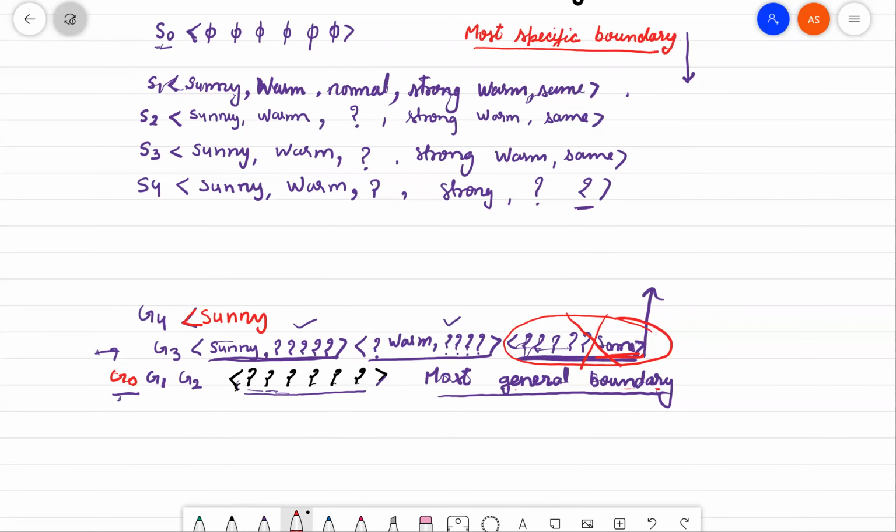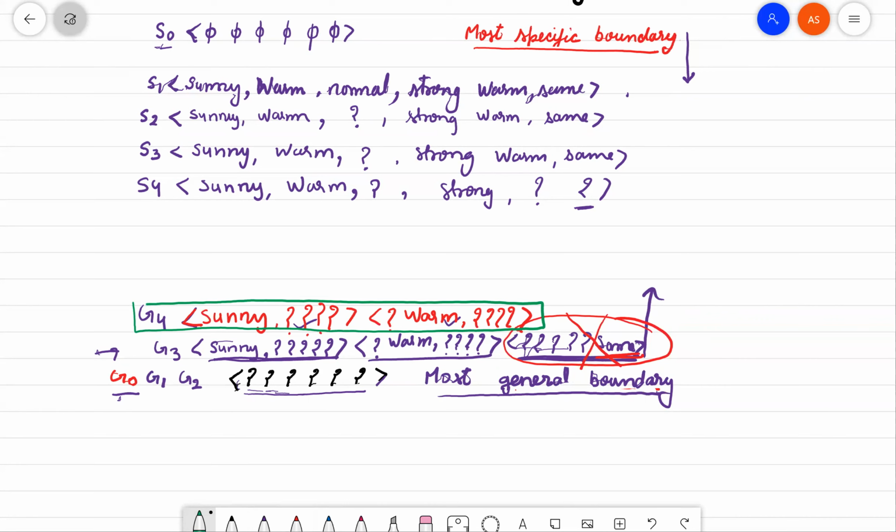Sunny, warm. Okay. So these are the two sets, G4 and S4.